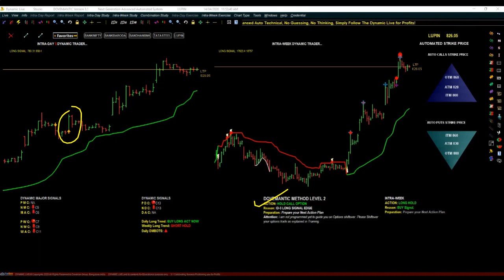Now, one lot of Lupin, what is the lot size of Lupin? Can anyone tell me? Let me check what is the lot size of Lupin.